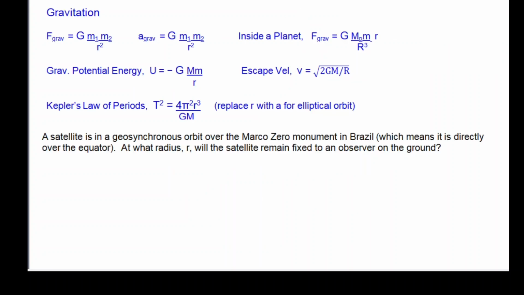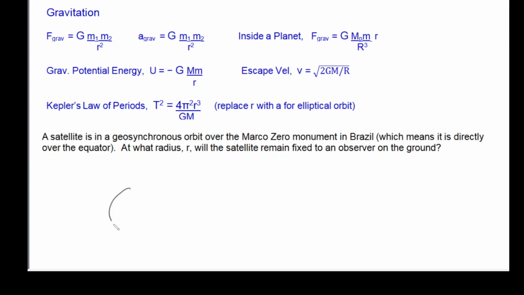One more problem. A satellite is in geosynchronous orbit over the Marco Zero Monument in Brazil, which means it is directly over the equator. At what radius r will the satellite remain fixed to an observer on the ground? So let's diagram this.